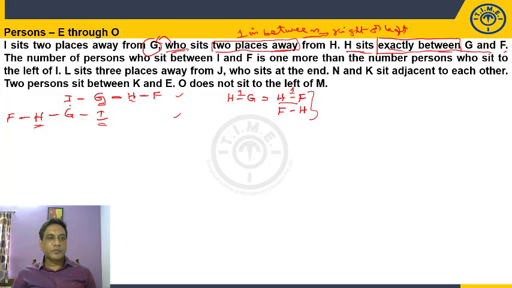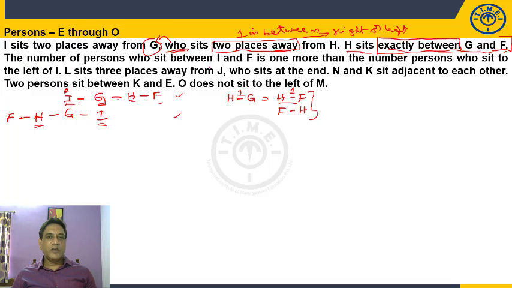So totally I to F, 1, 2, 3, 4, 5, 6, 7 positions we have talked about till this statement. Still we are not sure about where to take these persons. So whether I is in the first position in the row or in the 5th position or in the 2nd position, that clarity we still don't have.